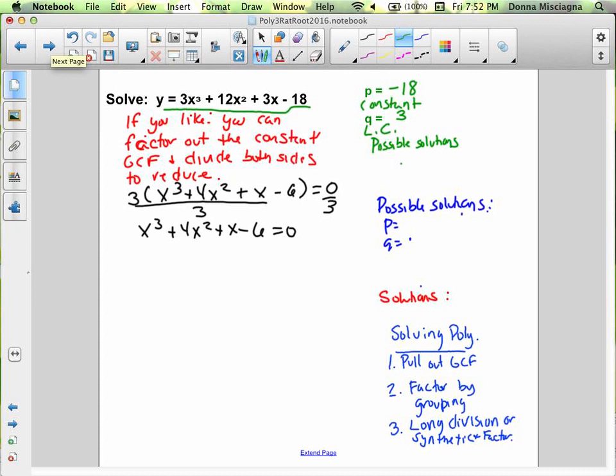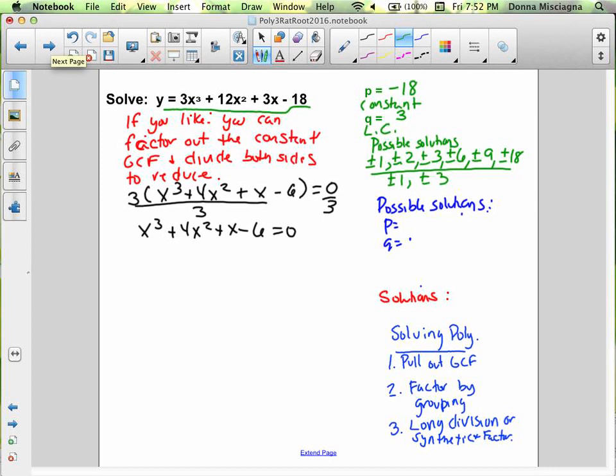So our possible solutions, we're going to divide all the factors of 18. So that's plus or minus 1, plus or minus 2, plus or minus 3, plus or minus 6, plus or minus 9, plus or minus 18. And divide that by plus or minus 1 and plus or minus 3. I'm not going to write all these out separately like I did on the other page, but let's just count how many we have.